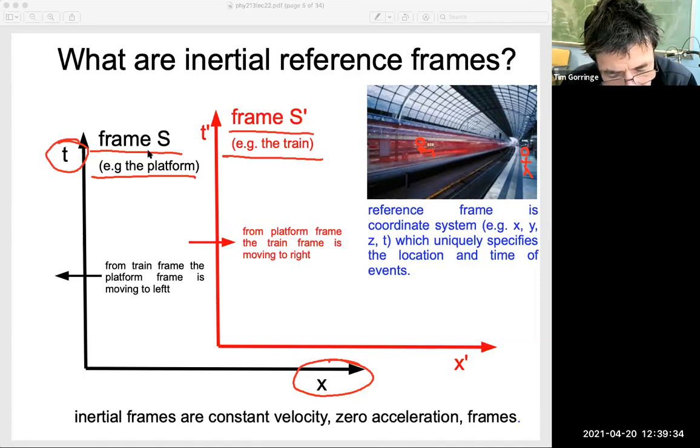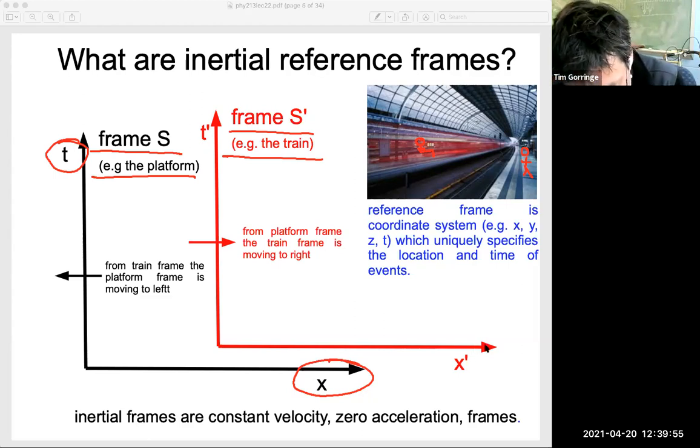In the S frame, the platform frame, I just called them X and T. And I'm just drawing one space coordinate, because it just gets complicated to draw three space coordinates. But it is a reference frame in three-dimensional space plus one-dimensional time.